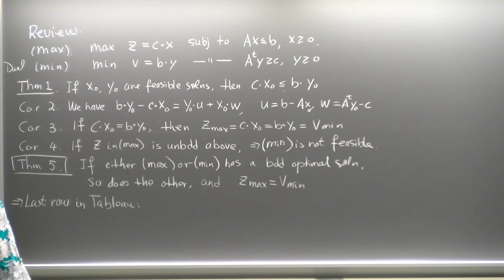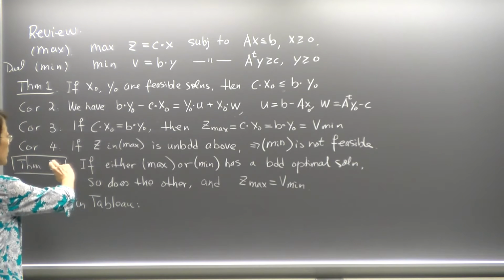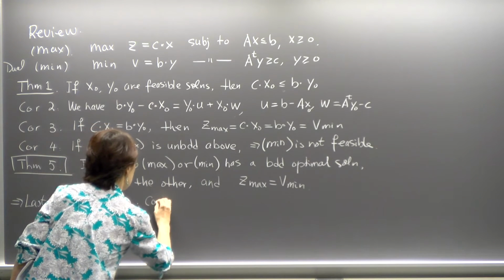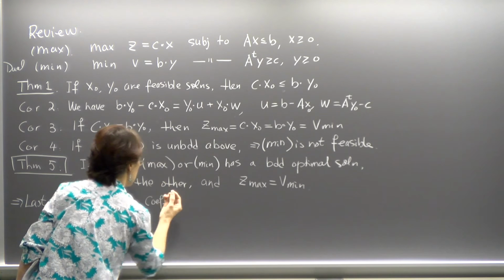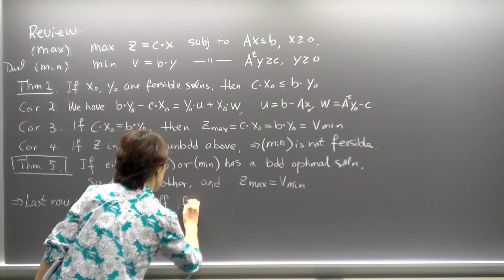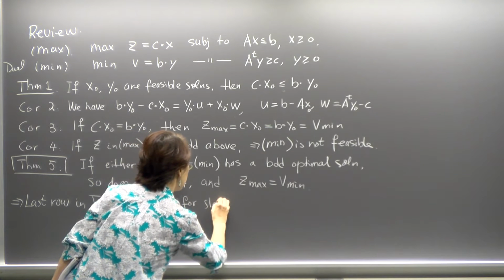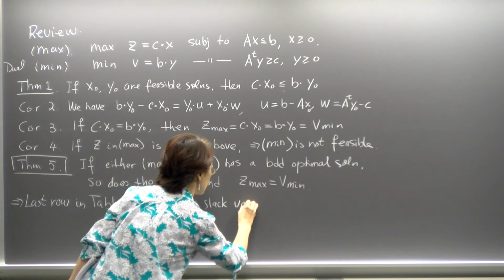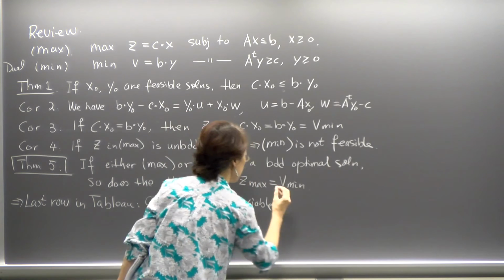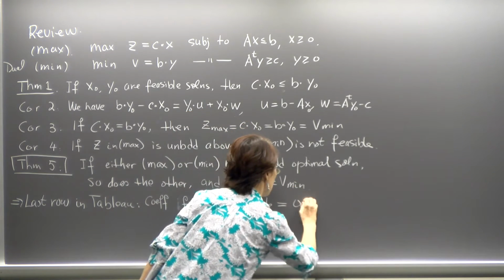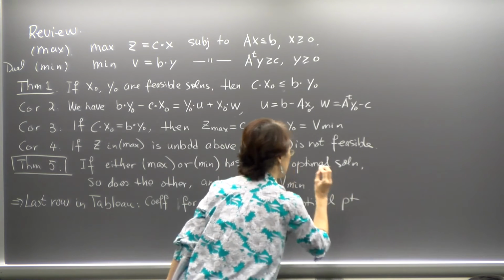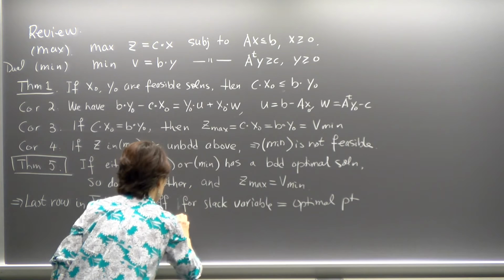So these coefficients, in particular in the proof, it relies heavily on the fact that the coefficients there for the slack variable, okay, actually gives you the optimal point for the dual.